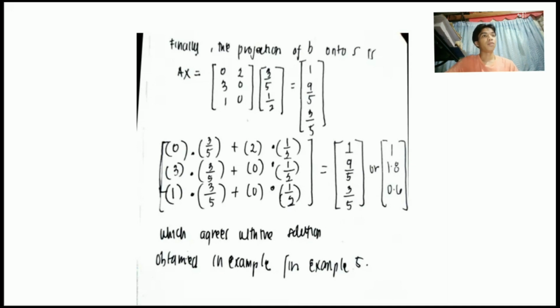So it will be equal to 1, 9 over 5, 3 over 5. We just need to multiply this and add this. That's why we got 1, 9 over 5, 3 over 5.